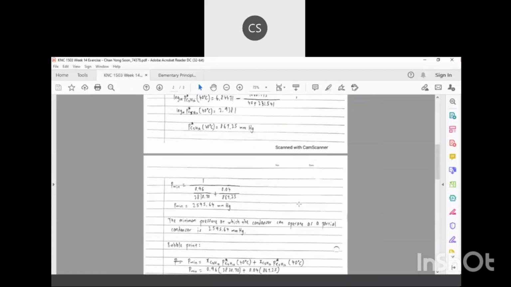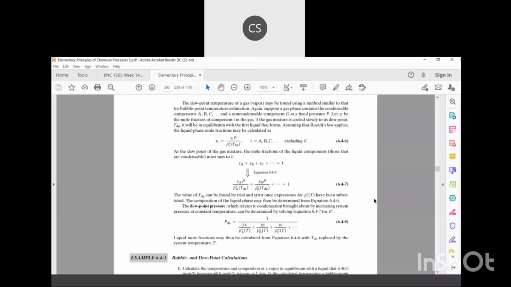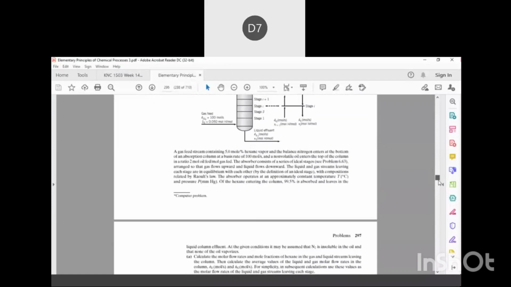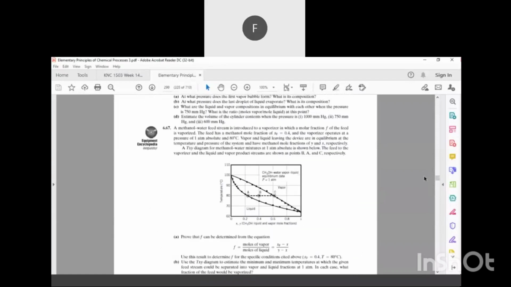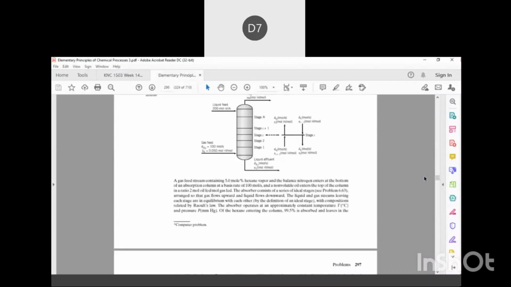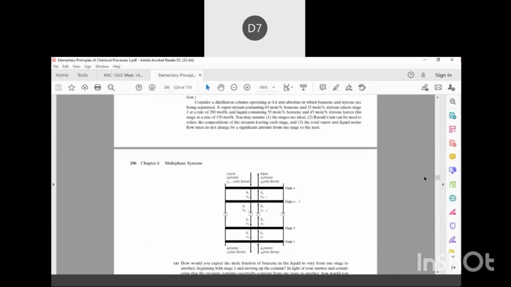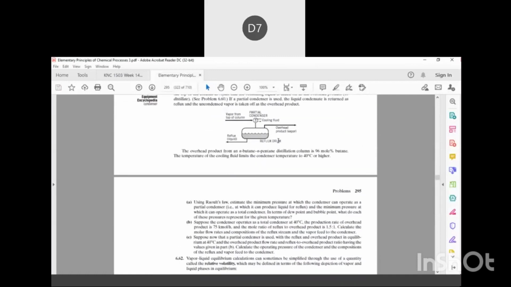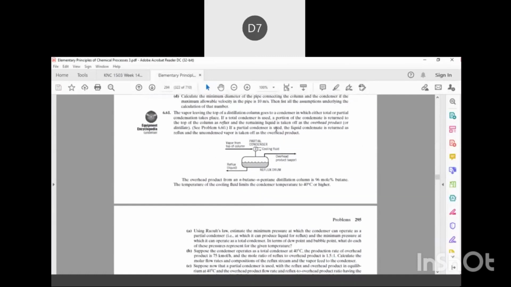So can we proceed to part B? I have a question. For the partial condenser, the overhead product is vapor, and if I'm not mistaken, for a total condenser the overhead product is liquid.